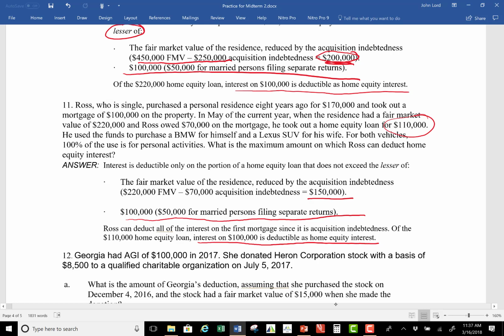Typically, they don't get affected by marriage. The only thing I've seen where they do something to you is if you're married filing separate, then they start to reduce what you're able to do.